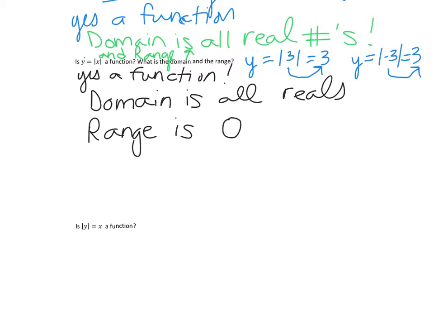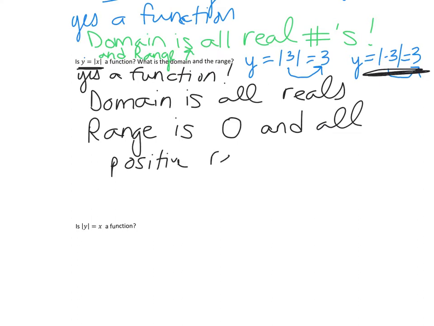Can y be negative? No, because the absolute value is always positive. Notice over here when we plugged in negative x, we got a positive y. So our range is 0 and all positives. Some people like to use symbols for this. So you can say all y's are greater than or equal to 0.